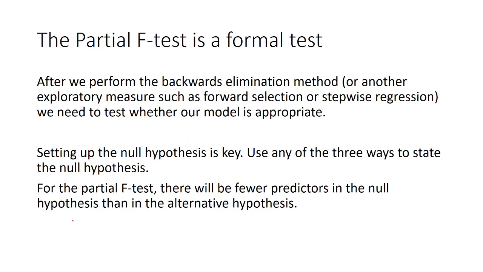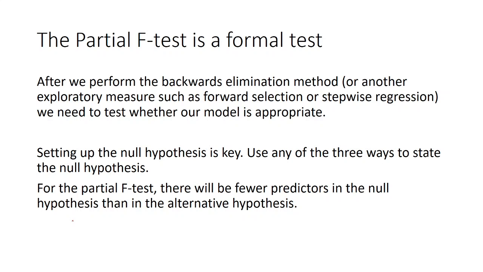And so it's a formal test, and this is after we've done our backwards elimination method, or maybe a forward selection or stepwise regression. We need to do a test. The null hypothesis is key; you want to be able to refer back to it and make the conclusion.